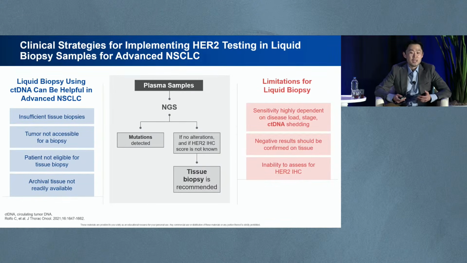Mainly that sensitivity is extremely dependent on the disease load, stage, and ctDNA shedding, which can be highly variable even in patients with advanced stage disease. And so what happens is, if you do NGS and you find a mutation, that's great on plasma samples. But if there are no mutations detected, we really need to reflex back to tissue to make sure that we're covering for HER2 more sensitively. And of course, if IHC status is unknown, then we need to do tissue biopsy because we cannot assess for HER2 IHC on liquid biopsies.